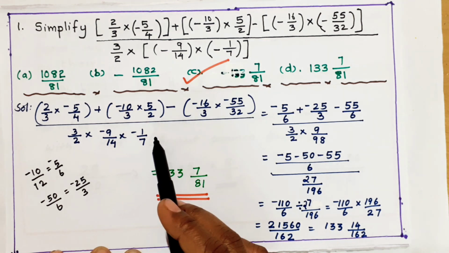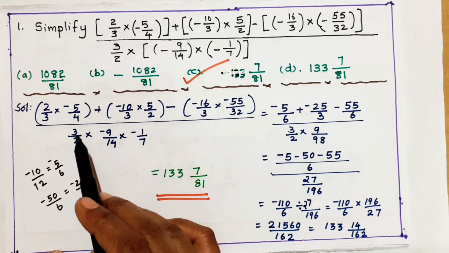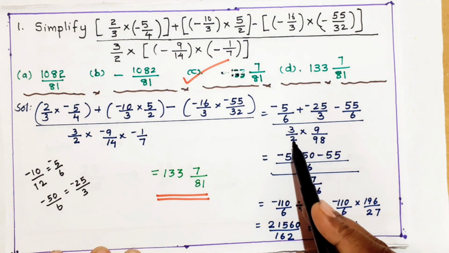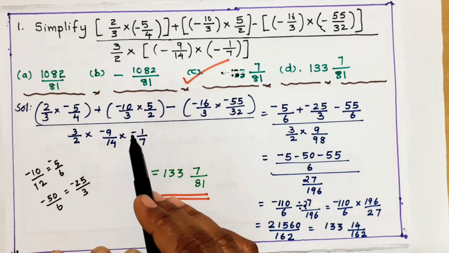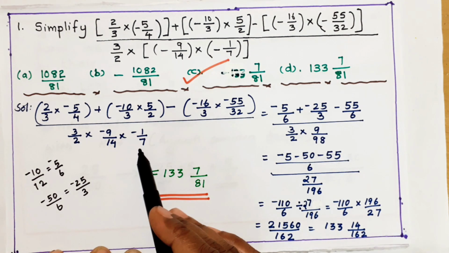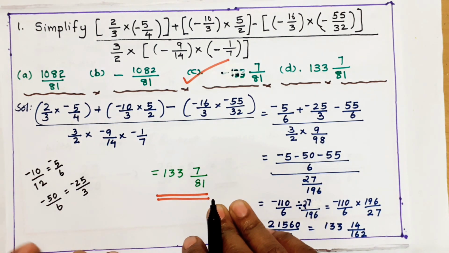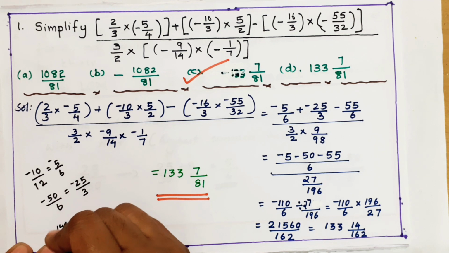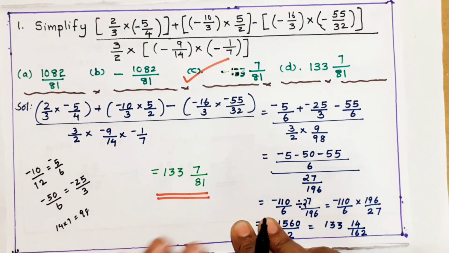In the denominator, 3 by 2 into 3 by 2 is 3 by 2 only. This I multiplied. Minus 9 into minus 1 is plus 9 divided by 14 into 7. What is 14 into 7? 14 into 7 is 98. So I have written this 98.